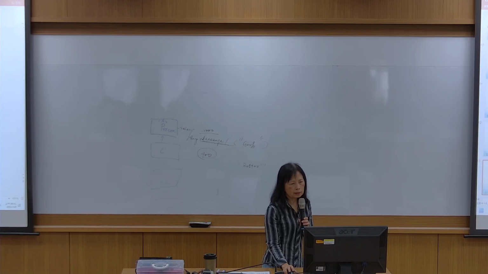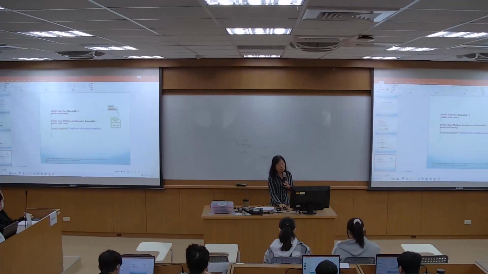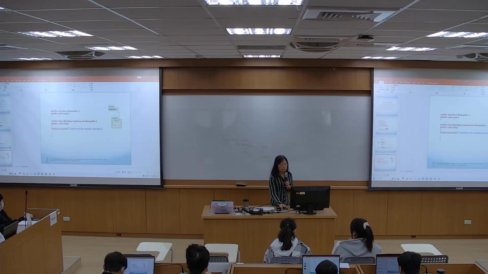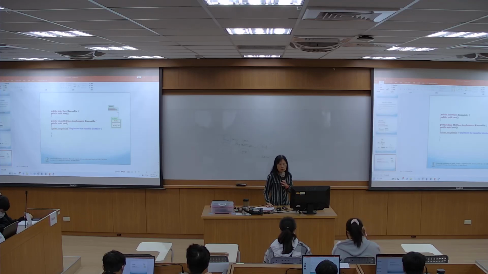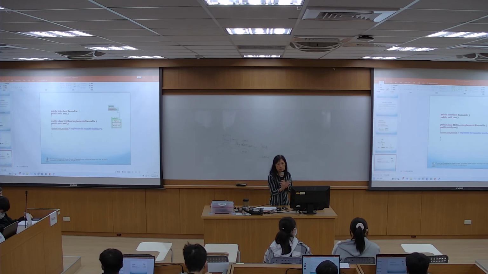Okay, and here we have the interface Runnable, right? Runnable has a method run. Of course, it's going to provide other classes to implement it. Now we have a class, my class, implements Runnable, right? Got to implement it. And Jackie, is it possible that my class becomes an abstract class? Abstract class implements interface, it's okay?